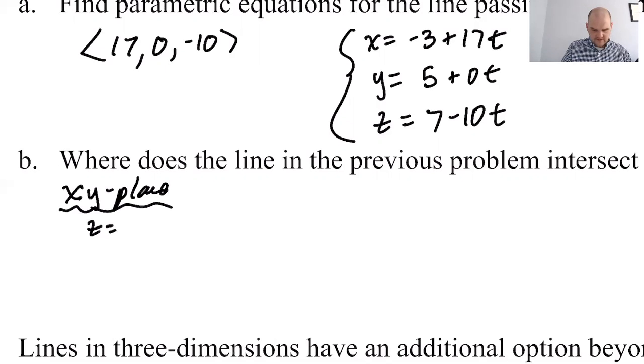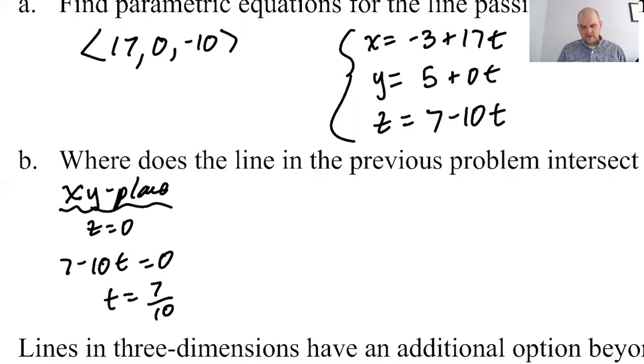The xy plane, right? Z equals 0. Well, if z equals 0 and z is equal to 7 minus 10t, then 7 minus 10t equals 0, which means t is 7/10. And if t is 7/10, then I can find x and y, right?